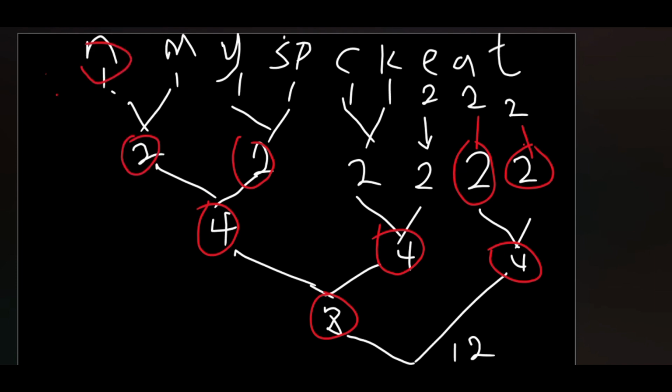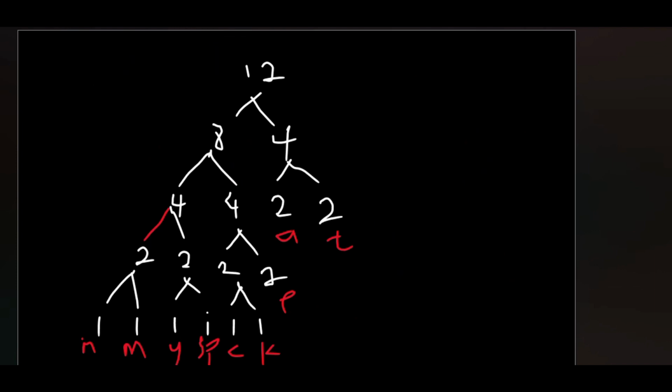So let's circle these ones. The space is 1, the C is 1, K is 1, and then the 2 that we have there is the EAT. So this is our tree. So this confirms that our tree is correct.